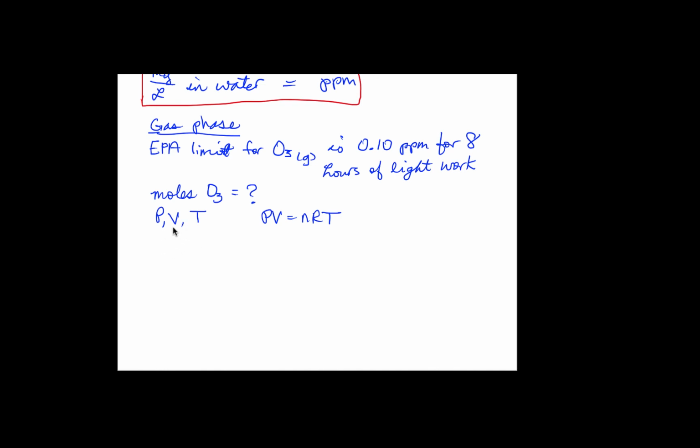I'm going to pick a room that is, I'm just going to make it a 10 foot by 10 foot by 10 foot cube, just to keep my numbers easy. For temperature, let's pick a pleasant 20 degrees Celsius. It's about 68. And we'll just go with atmospheric pressure, which is about 1 bar.